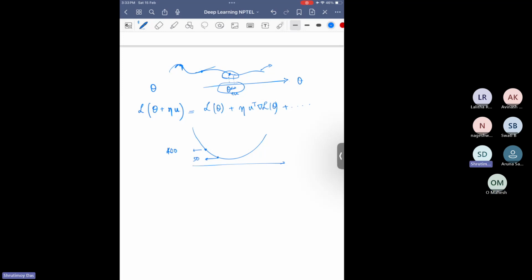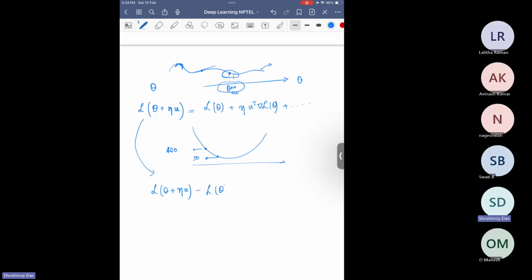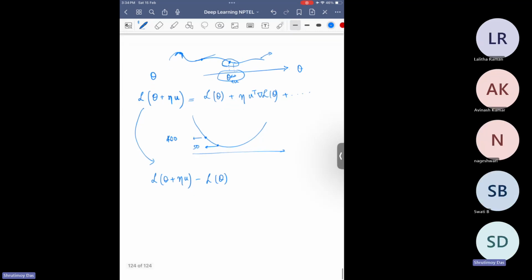Now my new function value is this one, and before this my function value was this. Because the new function value should be smaller than the previous function value, this difference should be less than 0, because you are decreasing the loss.